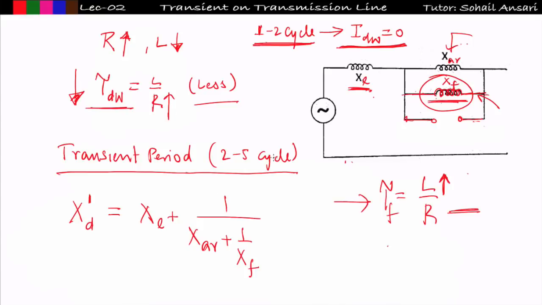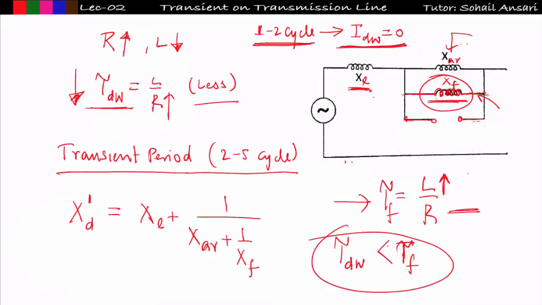If I compare the damper winding and the field winding, I can easily say the time constant of the damper winding is less than the time constant of the field winding. Got it? So after 5 cycles, whatever effect was produced in the armature will become 0, and the circuit will go into the steady state in which I get only the leakage reactance as well as the reactance due to this armature.